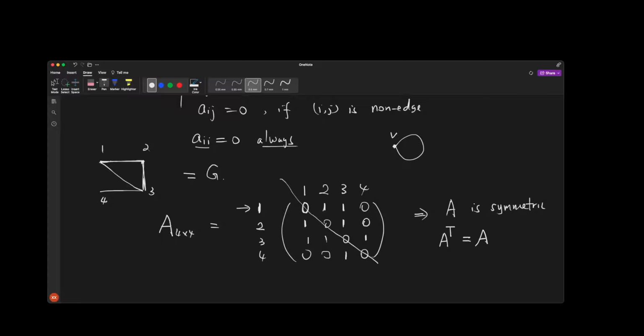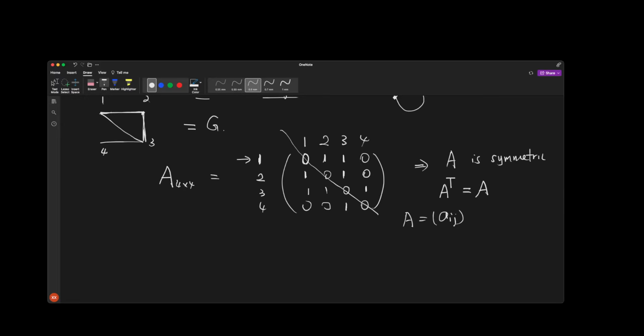Okay, do you know what a transpose is? If we have A_ij as the expression of A for every general position ij, then A transpose will be A_ji. It means that in the position ij, I put A_ji there.